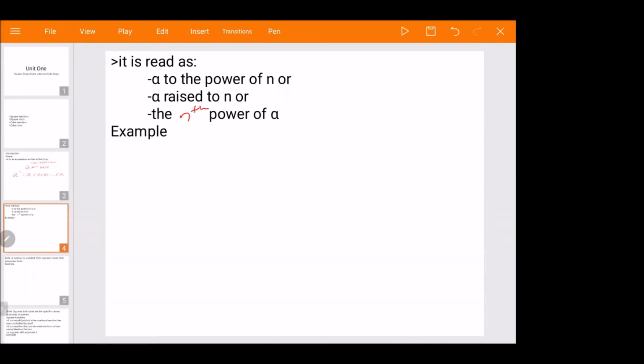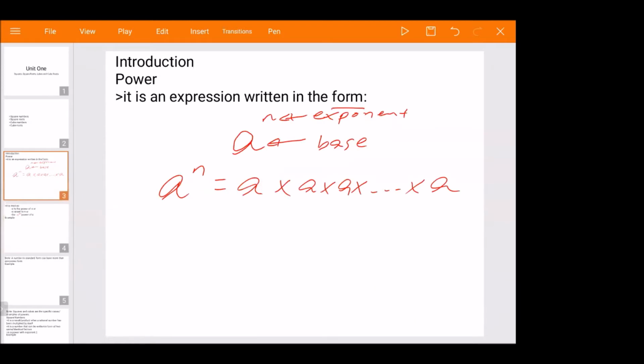We can read that expression in these 3 ways. So simply, any expression in mathematics that is written in this form is considered a power.